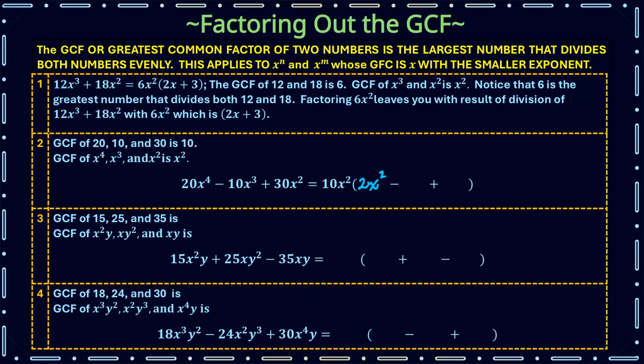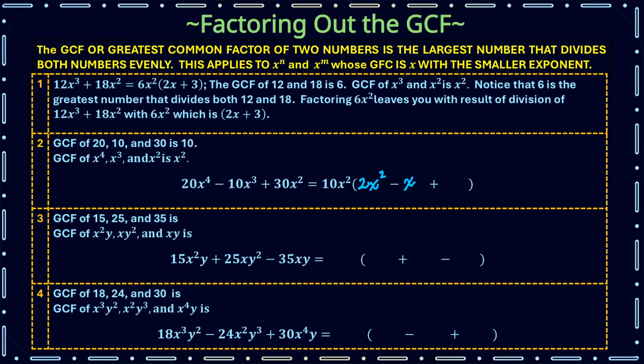All right, next we have negative 10 divided by 10, which leaves you with a negative 1. You don't have to write the 1. x cubed divided by x squared is going to leave you with just x.